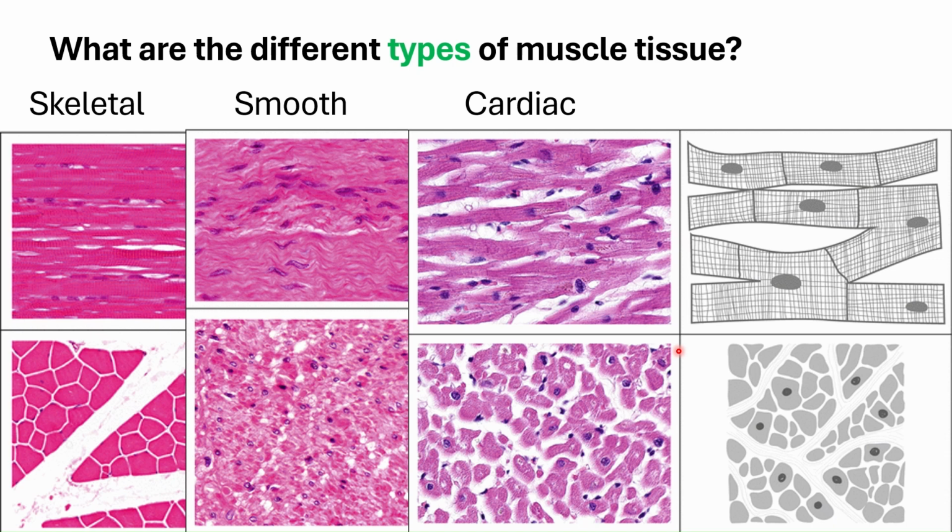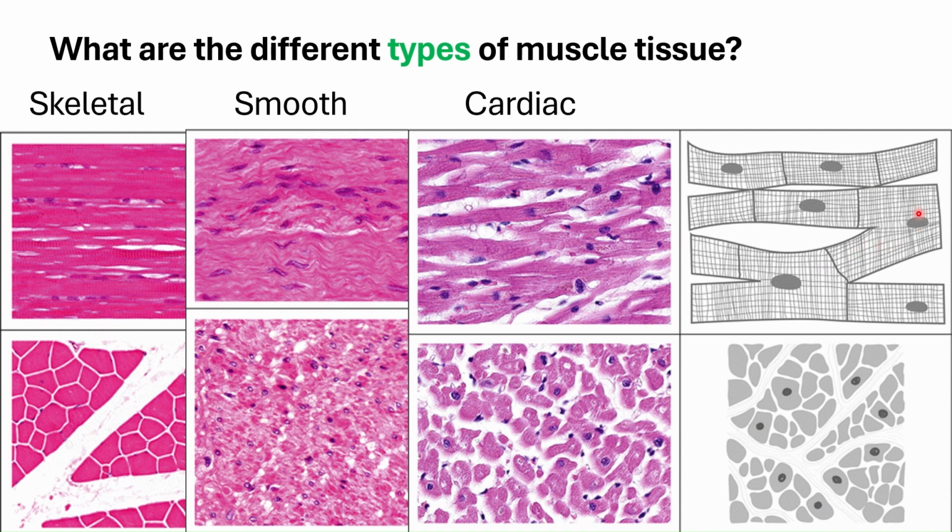Another key feature of your cardiac muscle cells is the presence of intercalated discs. This intercalated disc forms the very tight connections between one cardiac muscle cell and another.